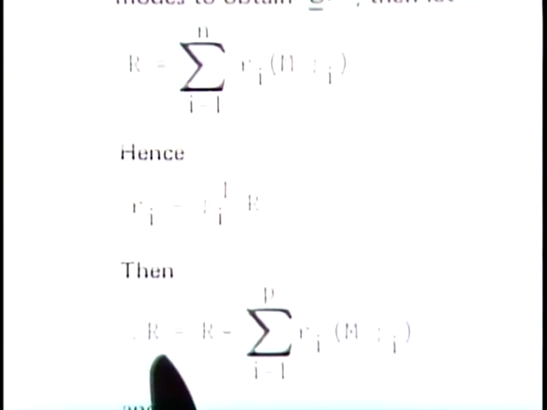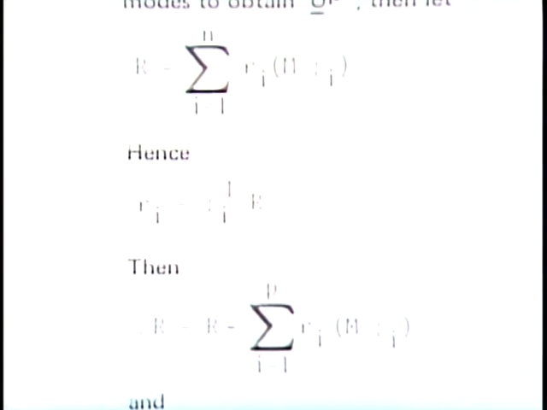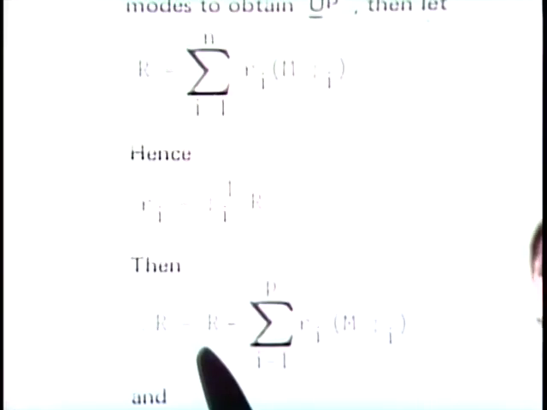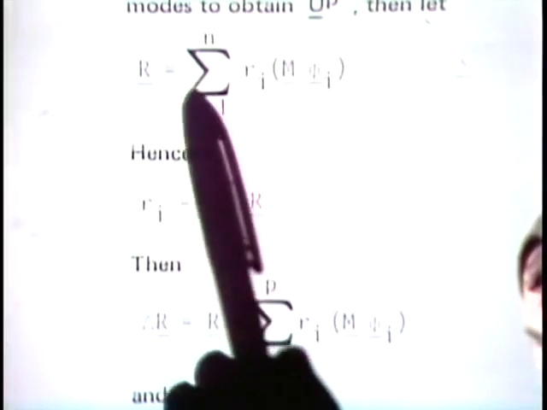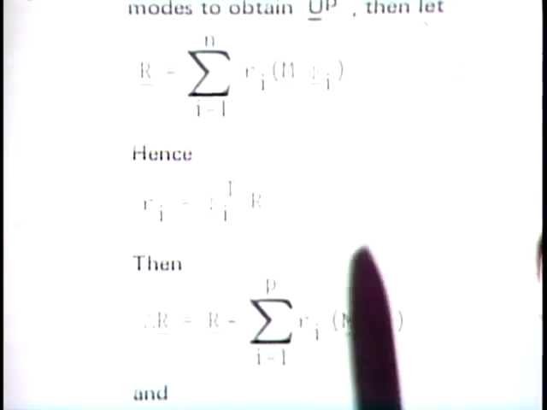We also then can calculate the delta r, which is that amount of the load vector which has not been included in the mode superposition analysis. How do we obtain it? Well, we know r is the total load vector, and if we now sum, instead of I equals 1 to n, only from I equals 1 to p, we are getting this part here.